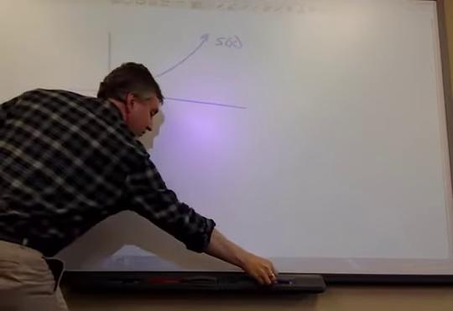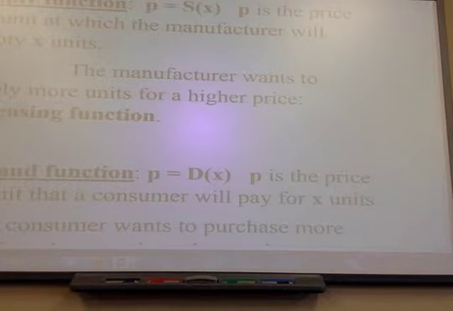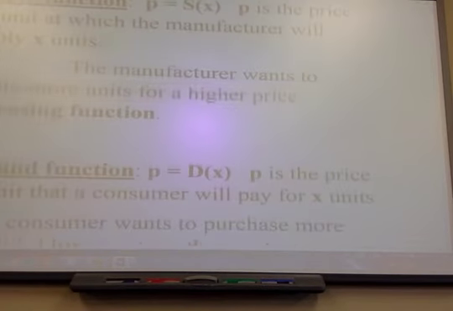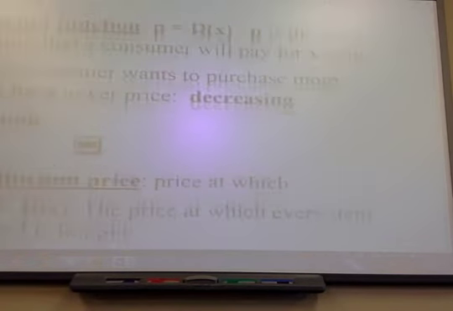And then the demand function, P equals D of x. P is the price per unit that a consumer will pay for X units. And we know, and this should be total. Oh, that makes me so angry. Might be doing on the other side. That's what's going on.